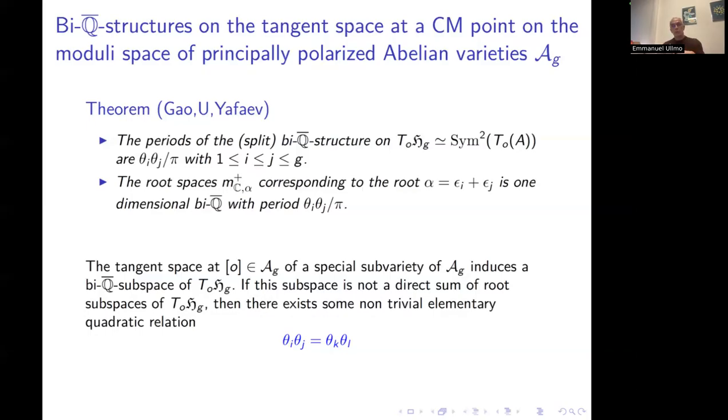Or you have some equalities between theta i, theta j over pi and theta k, theta l over pi, but it comes back to these elementary quadratic relations. And so if you have infinitely many special varieties passing through your point, then you're forced to have some non-trivial elementary quadratic relations.